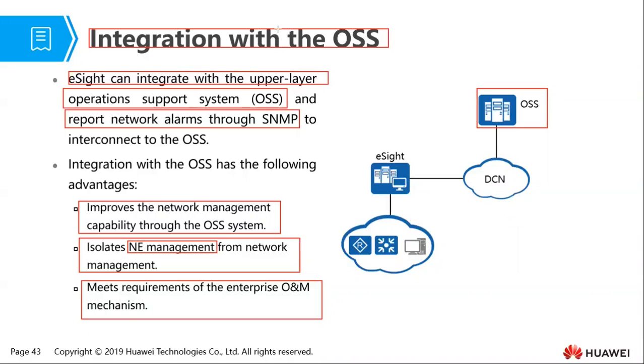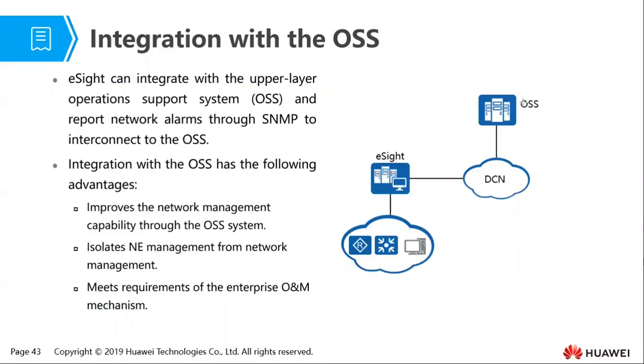Actually, I'm forgetting about the OSS, the Operation Support System. As the name suggests, OSS does not manage equipment, but it actually does network management, the operations on the network. So then eSight can manage the equipment.